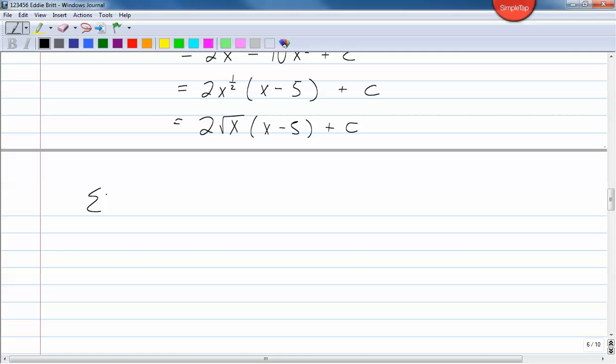Summation notation looks like this. You would have a capital sigma, and then you'd have some expression out here, maybe a function.